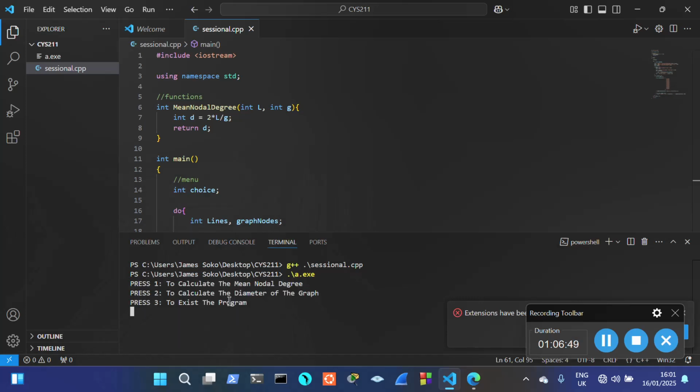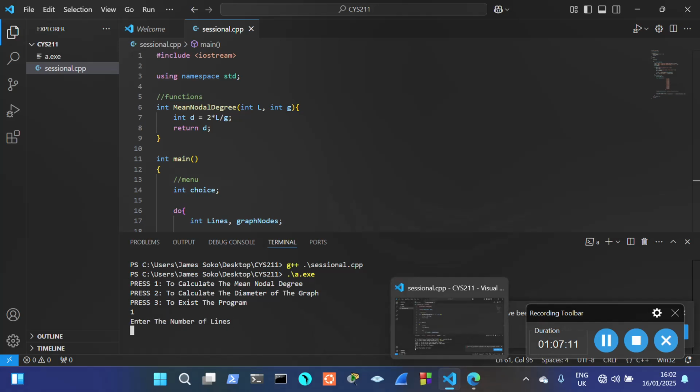Once I do this, it's saying press 1 to calculate the mean nodal degree, press 2 to calculate the diameter of the graph, press 3 to exit the program. So that was the meaning of the first part of the question. If I press 1, I want to calculate the mean nodal degree. Now it asks me to enter the number of lines.